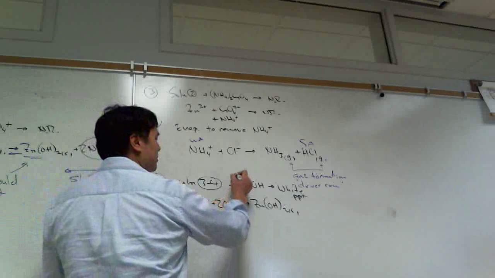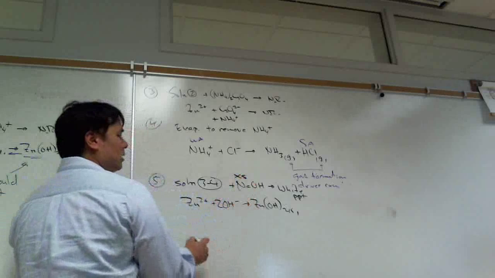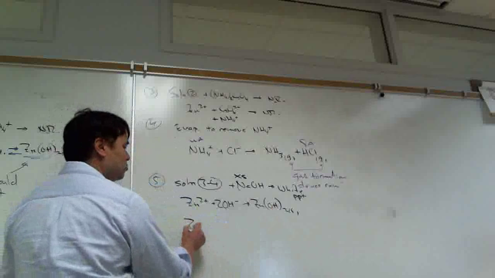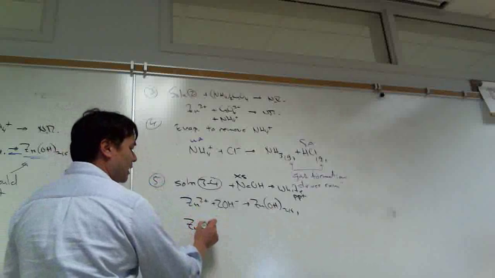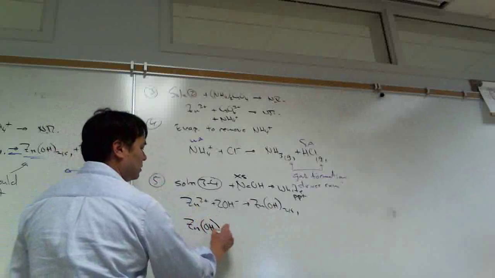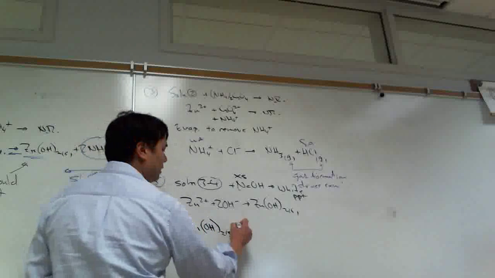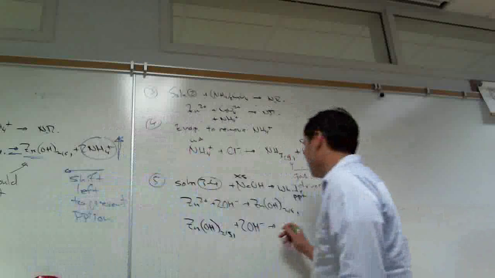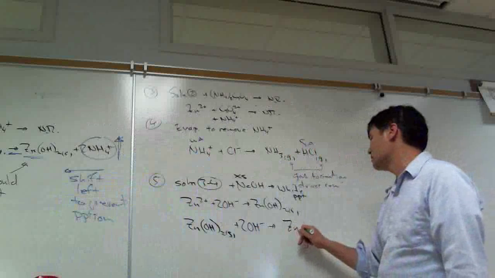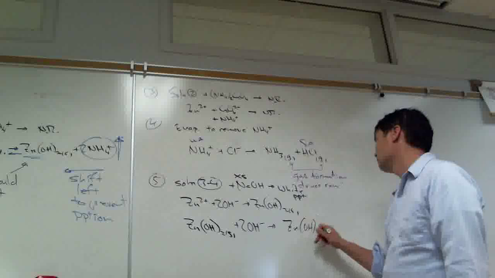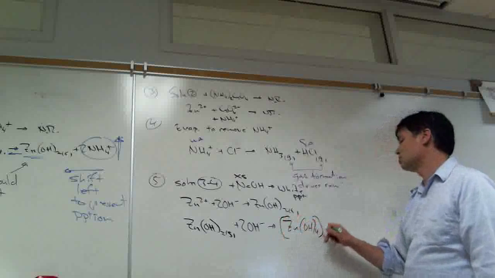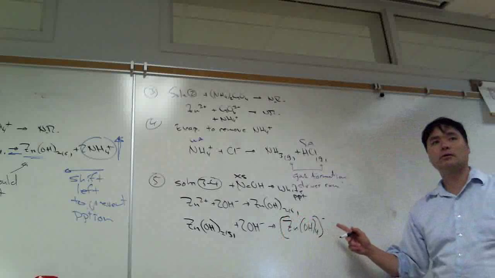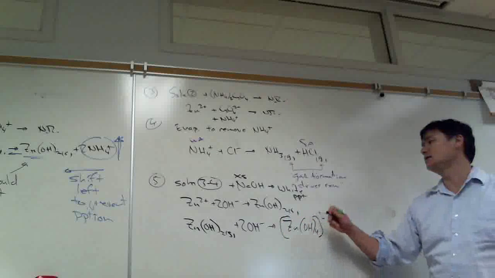But in this case, we need to add an excess. And so what we'll do is initially we're going to form this white precipitate. But this white precipitate can be attacked by 2 more hydroxides. And when it's attacked by 2 more hydroxides, we form this complex, tetrahydroxozincate(II) ion, which is a complex ion.